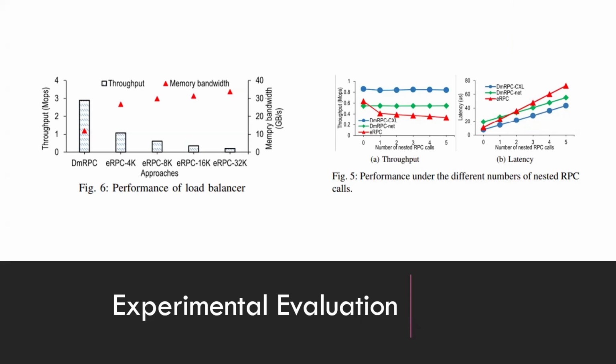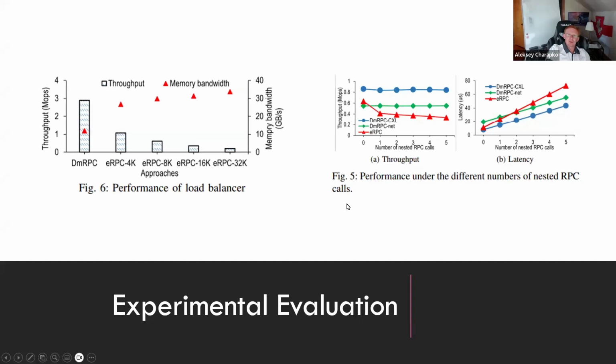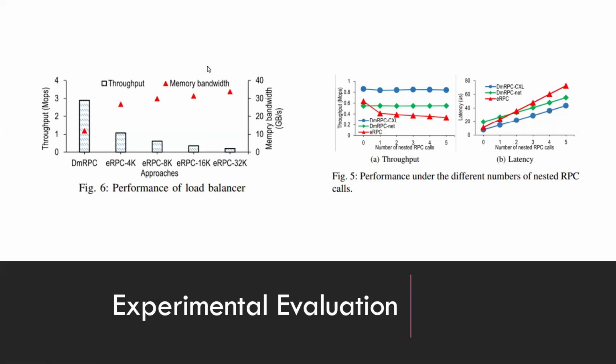So of course you'll get better performance because you don't touch the data at all. Also, eRPC passes it by value, which creates this memory bandwidth, and DmRPC just passes by reference. It would be obvious that the amount of data that could be passed is way more, and the memory bandwidth would be much less.